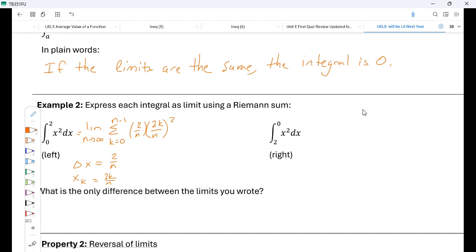Let's take a look at our second one, which is the same integral, but the limits are switched around. What's our delta x this time around? Negative 2 over n, right?